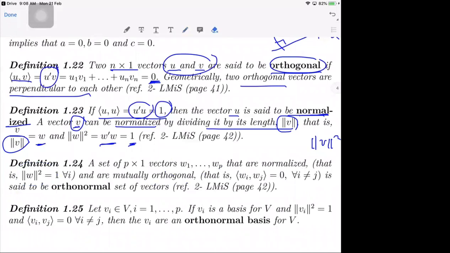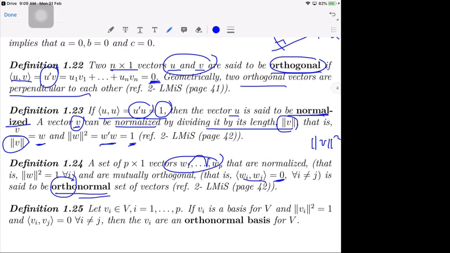So if it is mutually orthogonal, that is, you get the inner product of a set of vectors, and it is equal to 0, then we say it is orthonormal. So ortho means orthogonal, and at the same time normal, it is normalized.